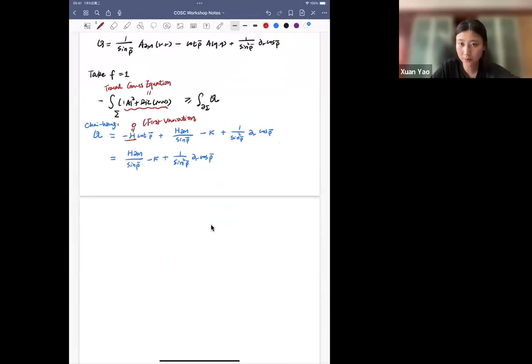So you can actually write this is less or equal to the integral of the Gauss curvature.